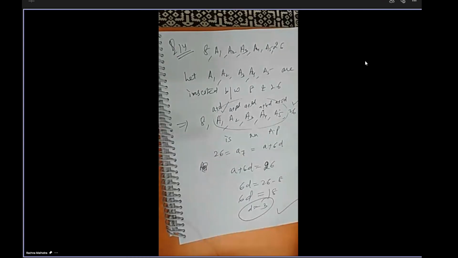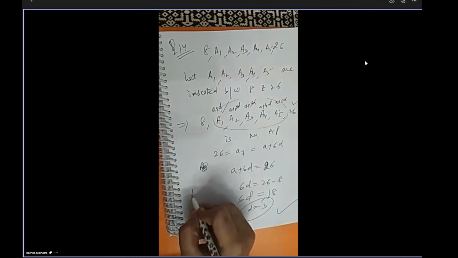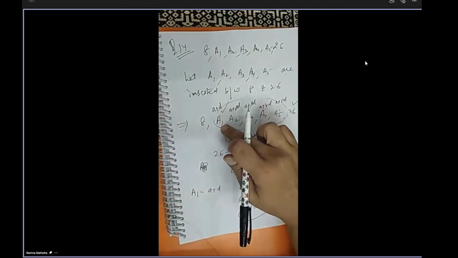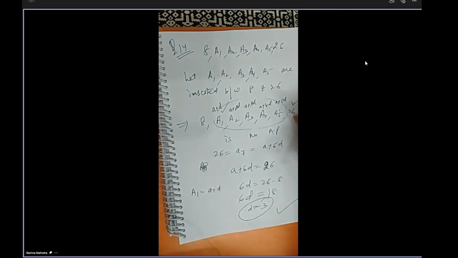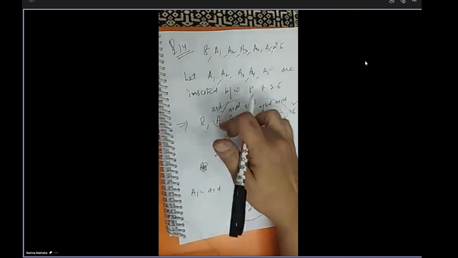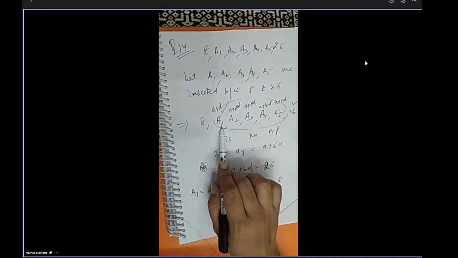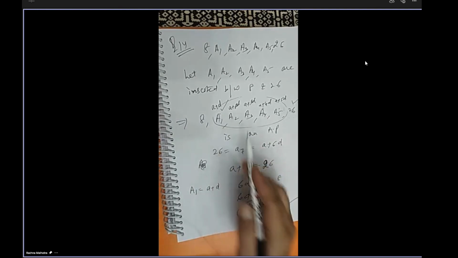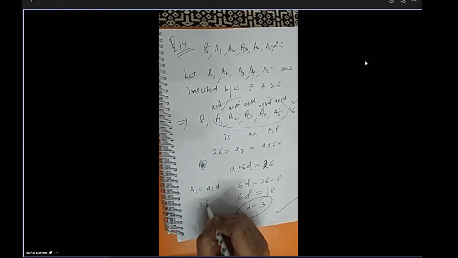A1 is the first number that we are inserting, but according to the AP, it is the second term. So the second term is 8 plus 3, that will be 11. Similarly, you can find the others.